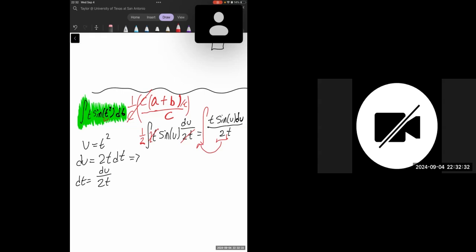So back to the integral here. I've got 1/2 integral sine of u du. Again, we know this. This is a standard trig integral here. 1/2, oops, negative cosine.